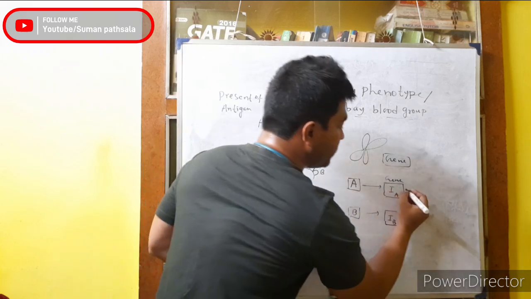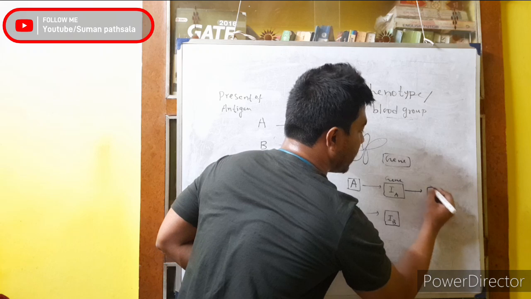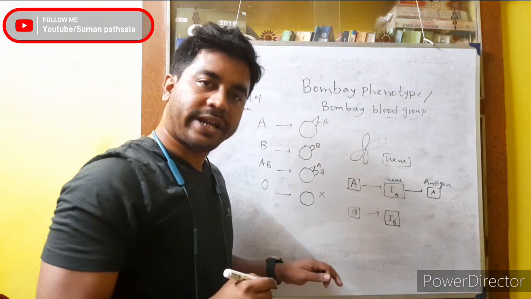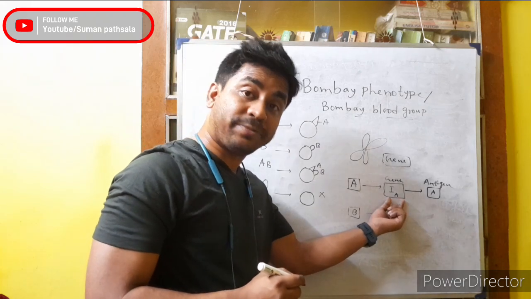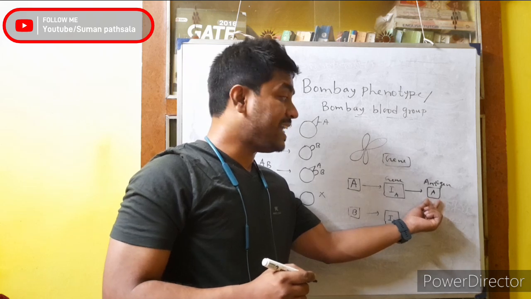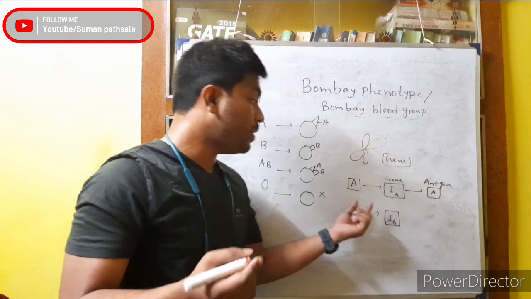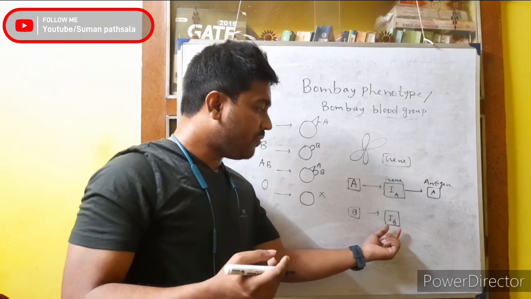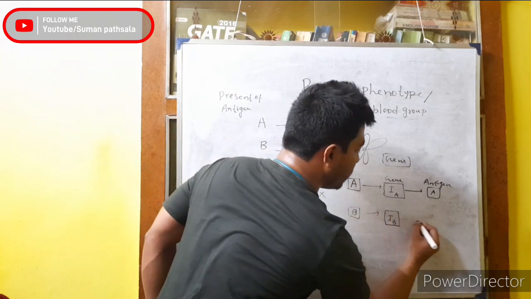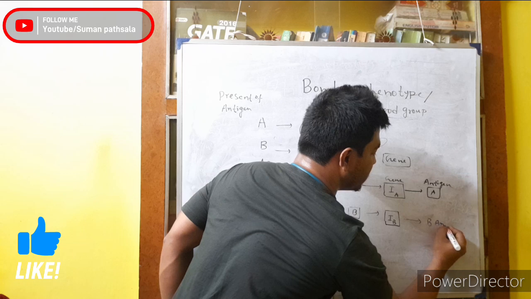A blood group means this gene is responsible for the antigen A. I write here antigen A. If this gene is expressed in your body, then this gene produces the protein antigen A, and if you have antigen A, that means you have the blood group A. In the same way, if the gene is expressed for B, then you produce the B antigen, right?